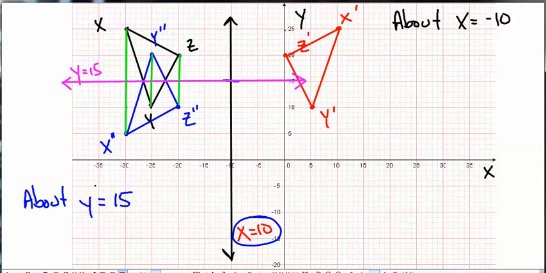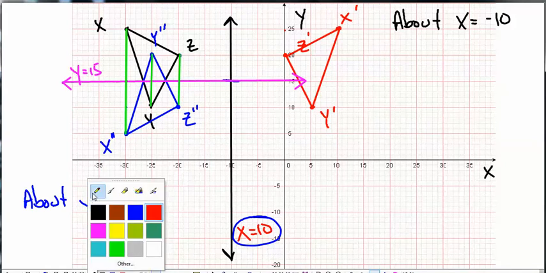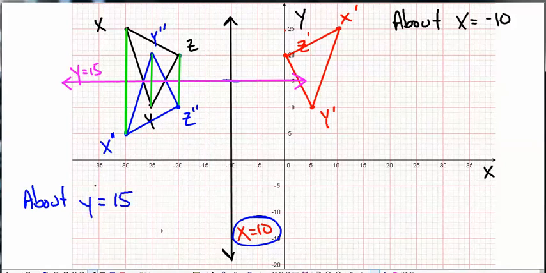What's the relationship between the green lines and the purple line? They're all perfectly perpendicular to the line of reflection, aren't they?